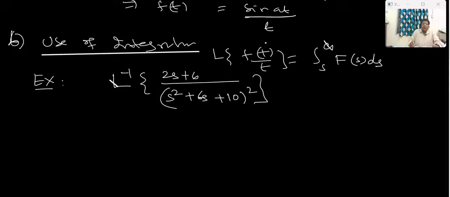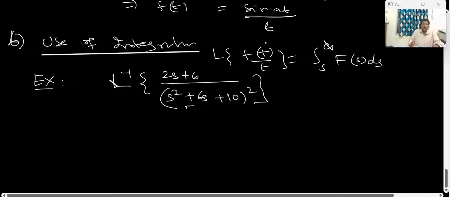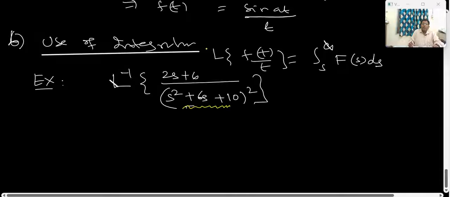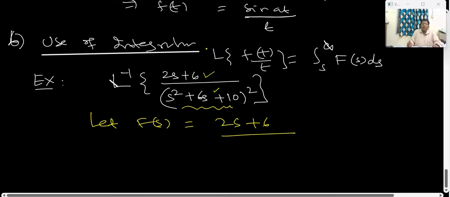Now it is easy to integrate. If I substitute the denominator as p, then it will take the form dp by p square. So let F(s) be equal to (2s plus 6) by (s square plus 6s plus 10) whole square.